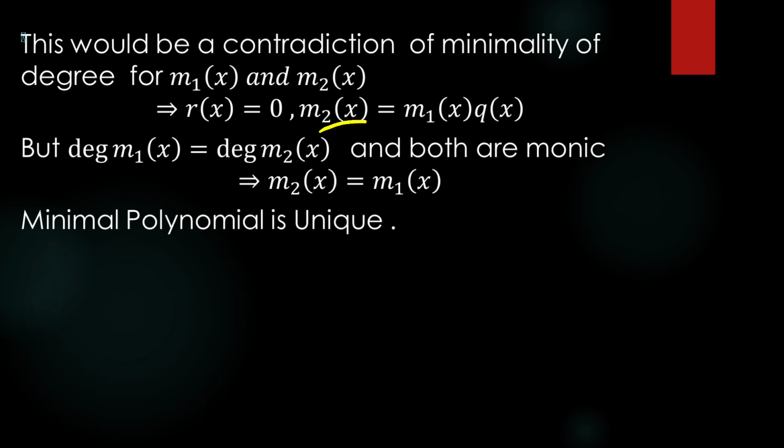But the degrees of m1 and m2 are equal and they are both monic. That will mean that m2 and m1 are the same thing. And by that fact, our claim becomes true that the minimum polynomial is actually unique.